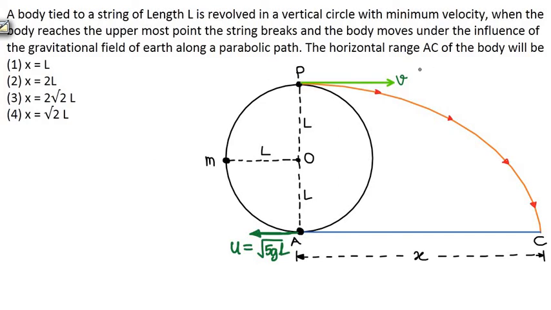So what will be the velocity at the highest point for the critical condition, for this minimum velocity to complete the circle? Using energy conservation, we can find out. Let us apply the condition of energy conservation between the lowest and highest point.